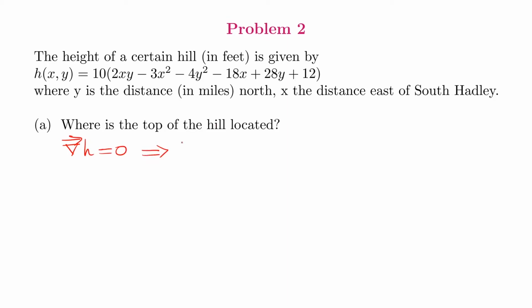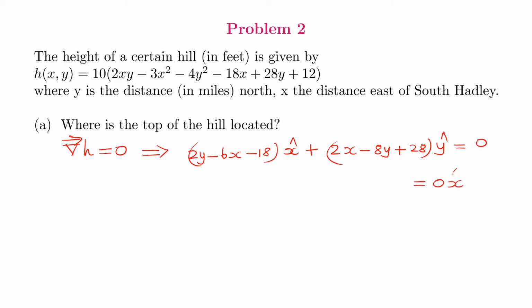This means that (2y minus 6x minus 18) x hat plus (2x minus 8y plus 28) y hat equal to 0. Or precisely, this is 0 times x hat plus 0 times y hat.